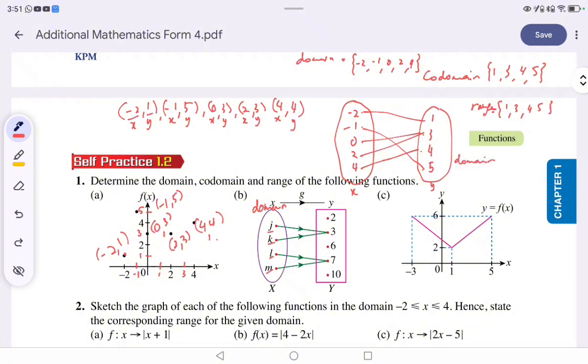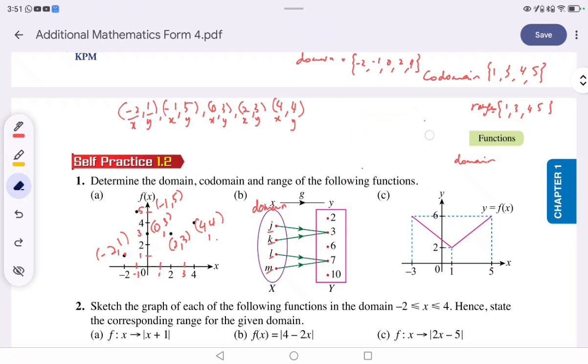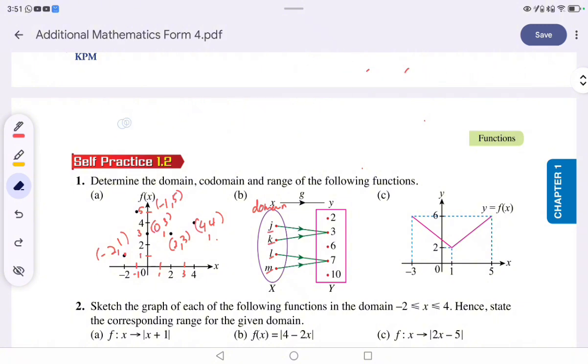For B, domain: J, K, L, M. For codomain, you are supposed to write down all the y numbers: 2, 3, 6, 7, and 10.